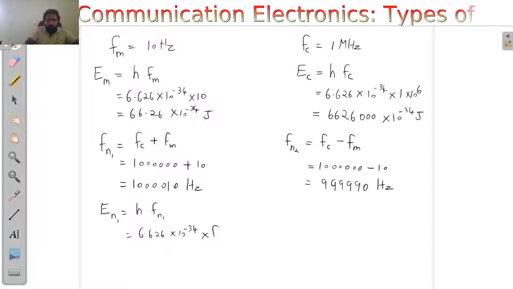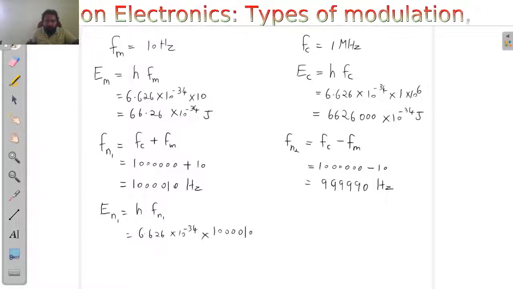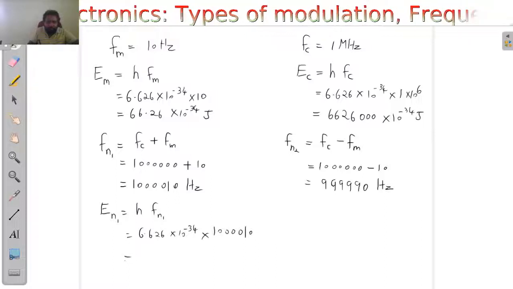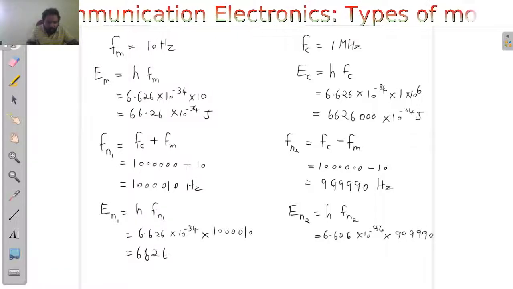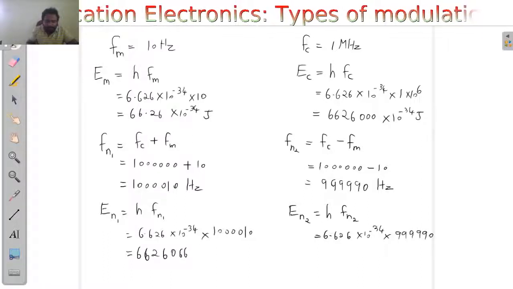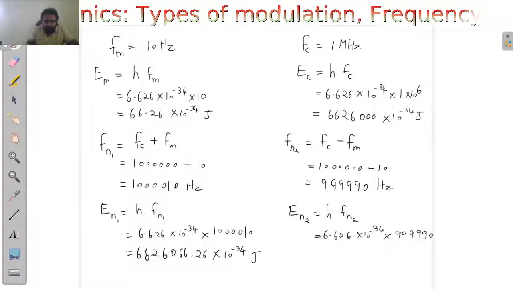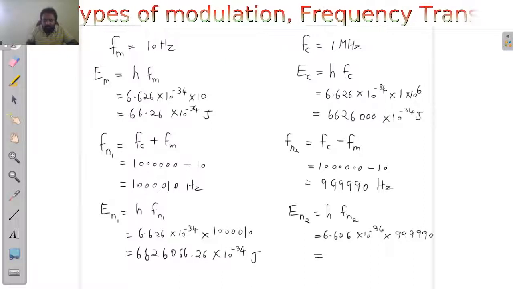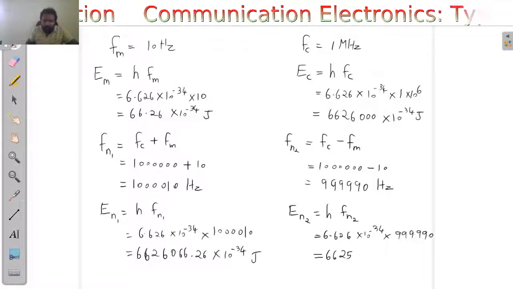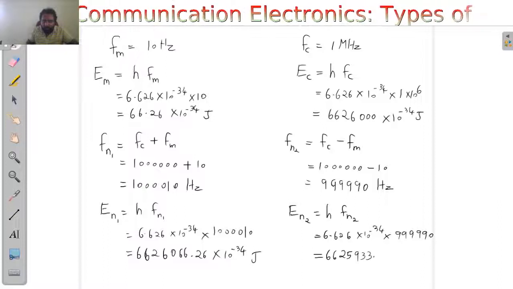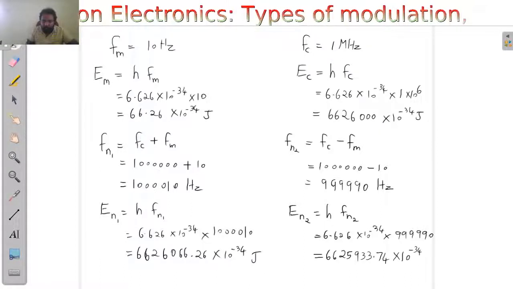Fn1 I can substitute directly, so I'll be writing 1 followed by 4 zeros... and this is given by 6.626 times 10 to the power minus 34 joule, which in this case is 6625933.74 times 10 to the power minus 34 joules.